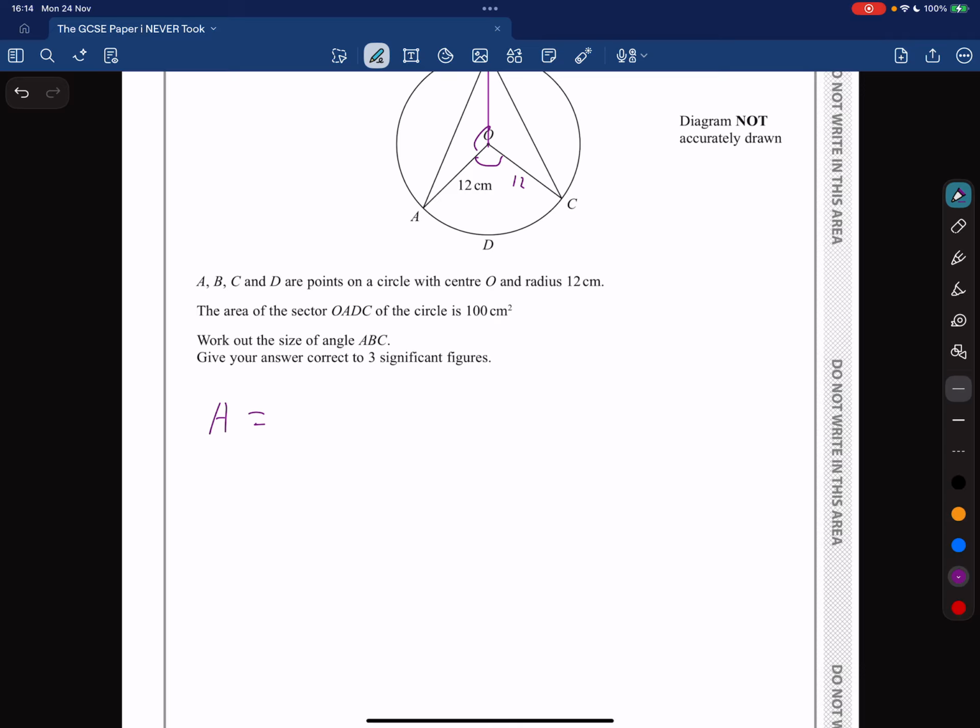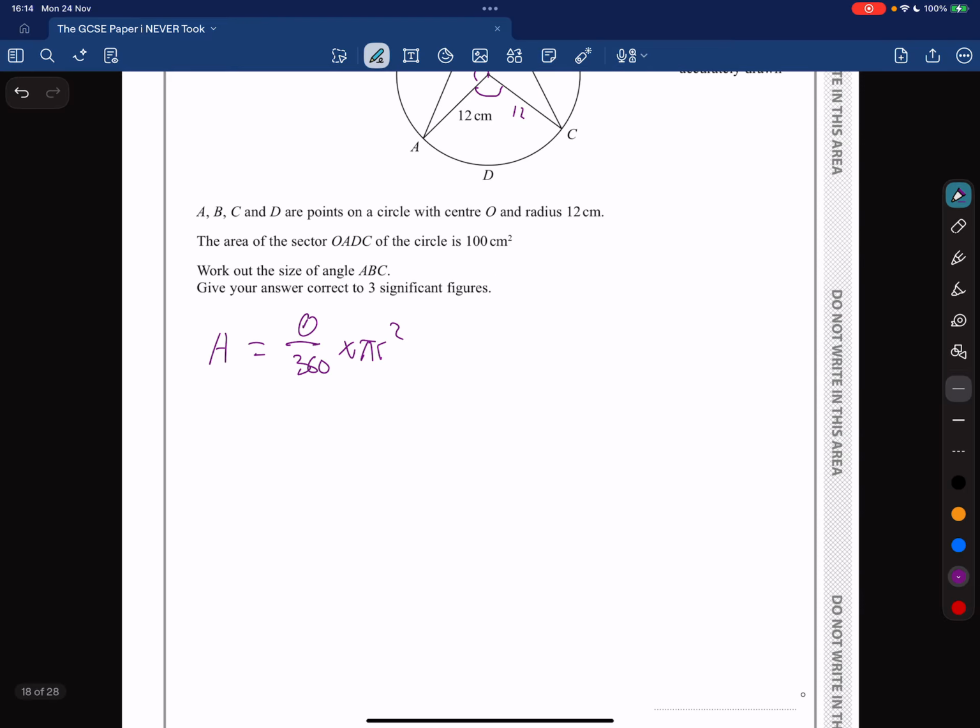A is equal to, no, it is, yes, theta over 360 times pi r squared. So then 360 A over pi r squared is equal to theta. Now let's see, this is equal to 360 times 100 over pi times 12 squared. But this could have come out really badly.